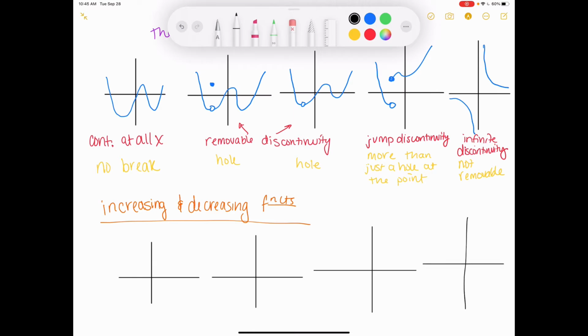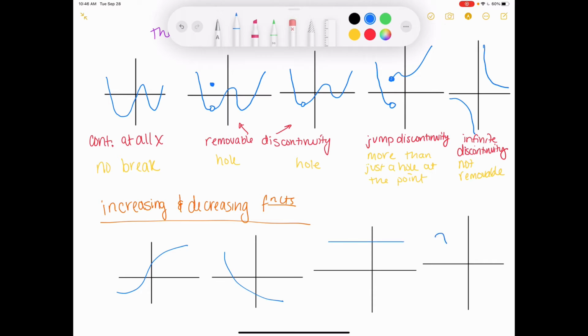Okay, good enough. This line doesn't look straight, so I'm going to fix it. Good enough. Okay. So again, I'm going to draw the graphs and then we'll talk about each one of them. And again, it doesn't have to be perfect. Just something like that. Straight across.